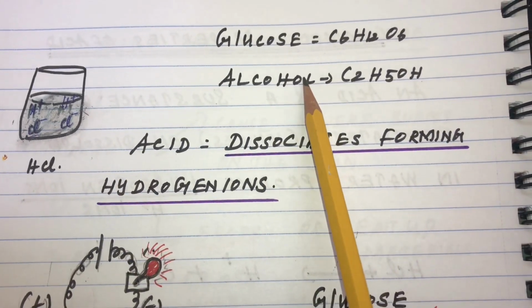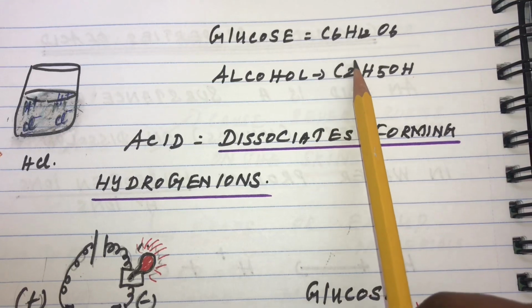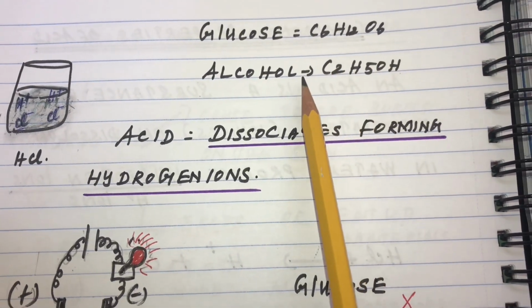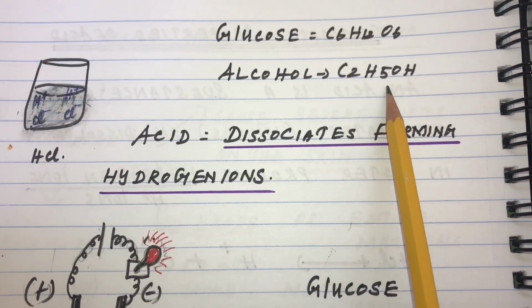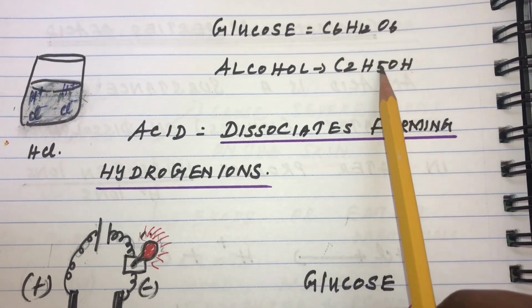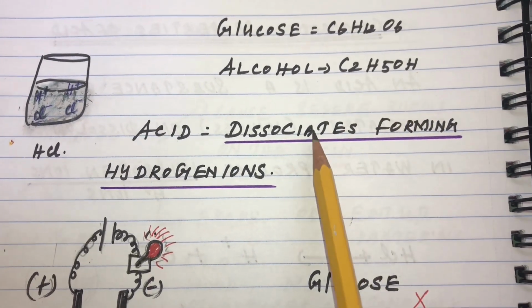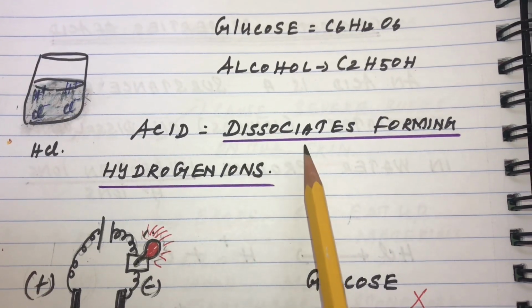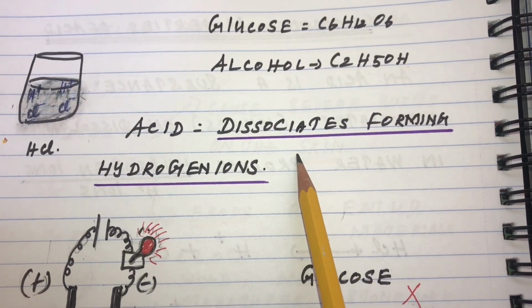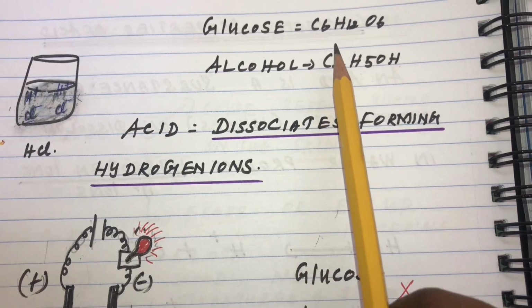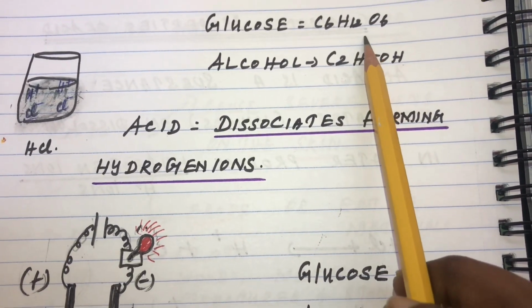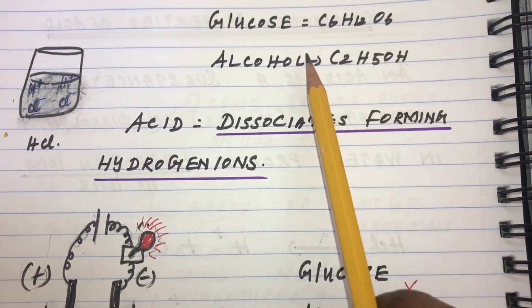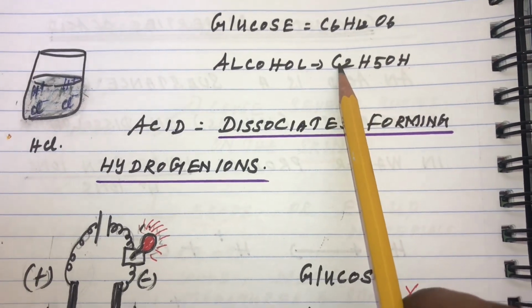For example, glucose with the formula C6H12O6 and alcohol with the formula C2H5OH contain hydrogen but are not defined as acids, because an acid is a substance that dissociates forming H plus ions. Glucose and alcohol do not dissociate in solution to give H plus ions, so they do not come under the acid category.